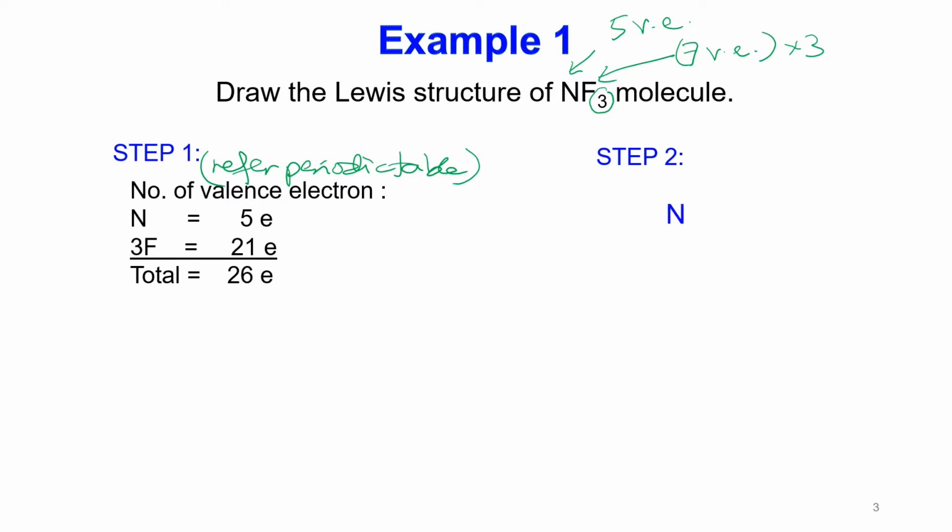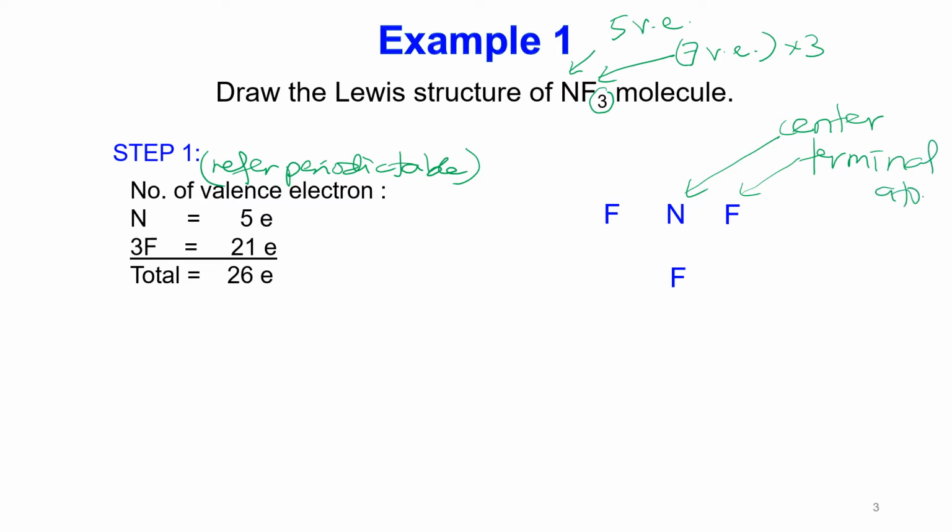Next we will draw nitrogen at the center. And then fluorine, we have 3 fluorine. Fluorine is called terminal atom. Nitrogen is center atom.